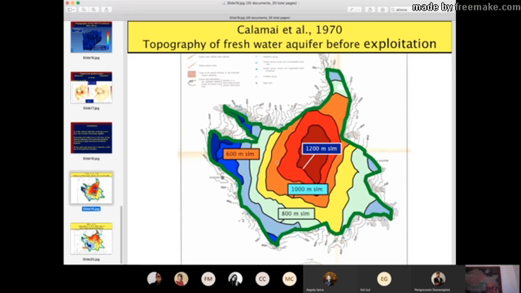They recorded where the freshwater aquifer was. They also know the freshwater aquifer by resistivity studies. And all this was done before the drilling. So they were able to reconstruct a fairly decent map of the freshwater aquifer.